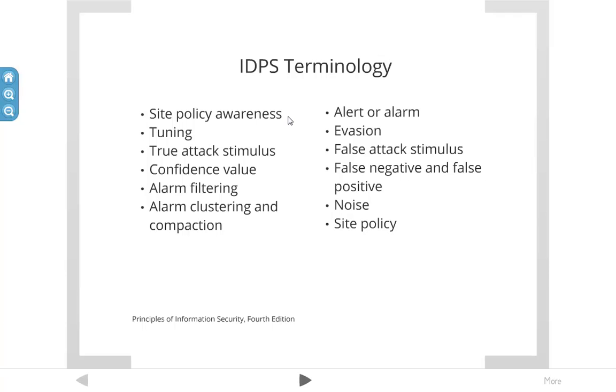How about confidence value? How would you define confidence value? How confident you are in telling certain types of attacks. Excellent. You know, so what is our confidence that the system is working well? And unfortunately, we already know that it's not going to work 100% of the time, right?